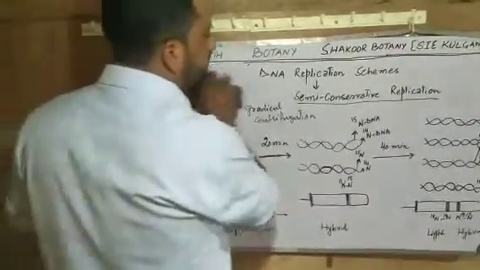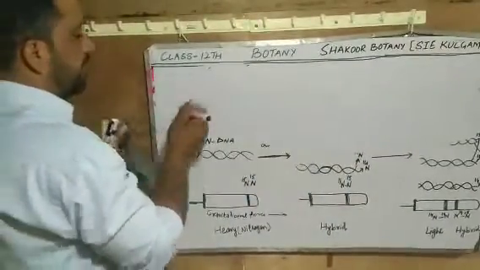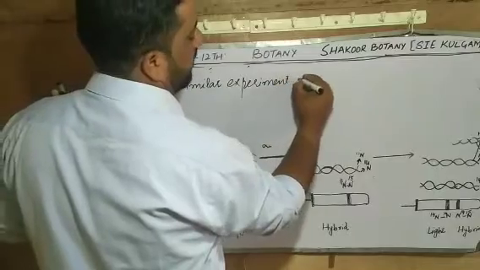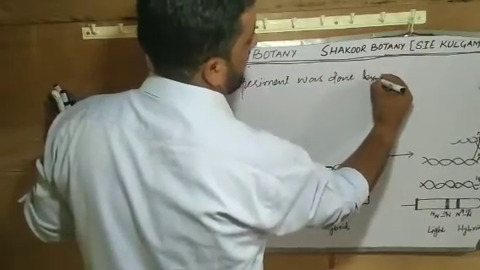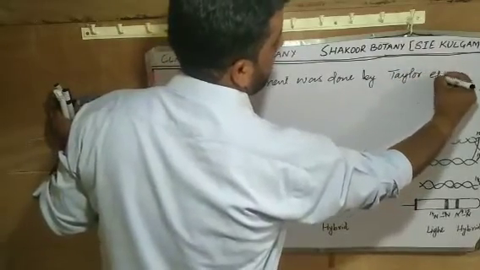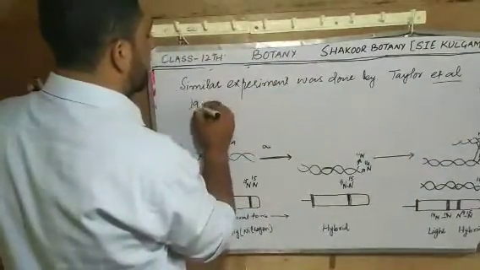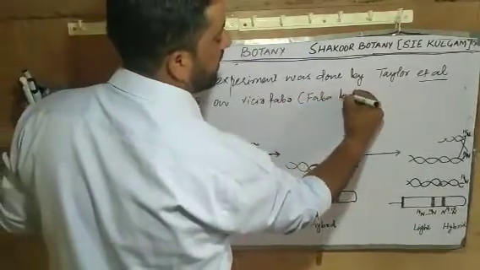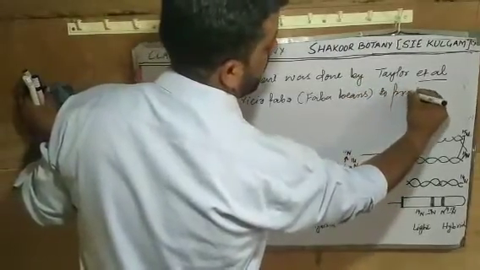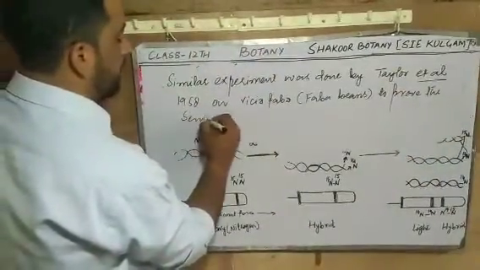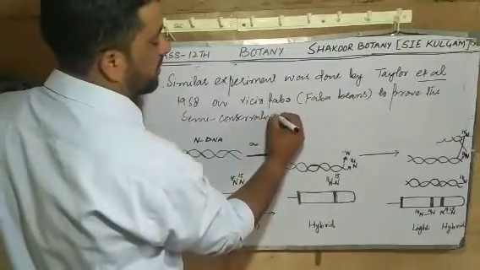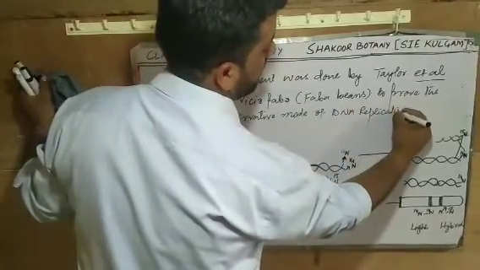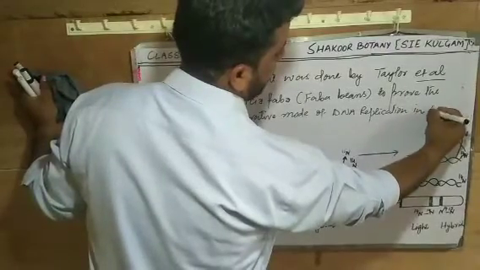Remember this diagram, this setup. A similar experiment was done by Taylor et al., or Taylor and his colleagues, in the same year 1958 on Vicia faba, that is faba beans के ऊपर किया, beans to prove the semi-conservative mode of DNA replication in eukaryotes.